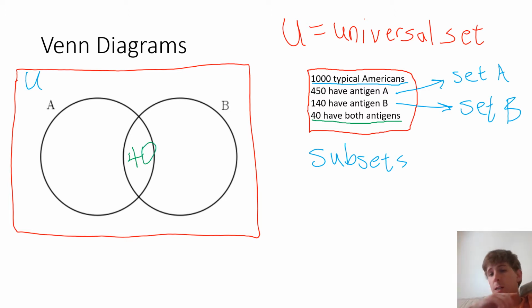Then for set A, this circle over here, it's going to look very intriguing to just throw in 450 right off the bat.